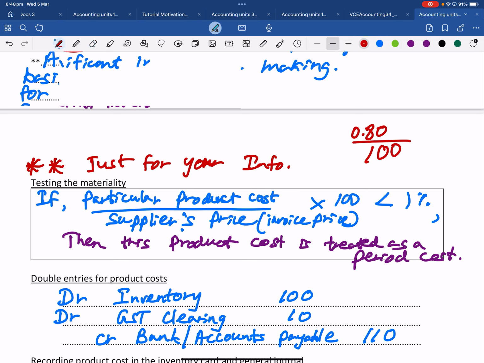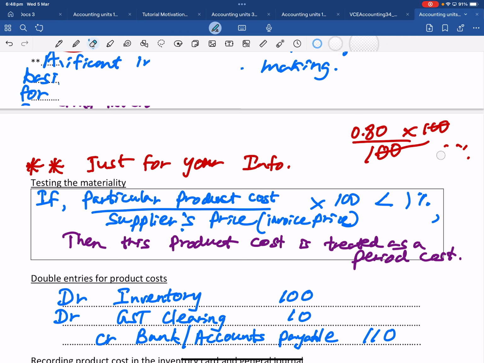But when you calculate materiality, how do you calculate it? 80 cents over $100, which is the supplier's invoice price, times 100. It will be 0.8%, which is less than 1%.